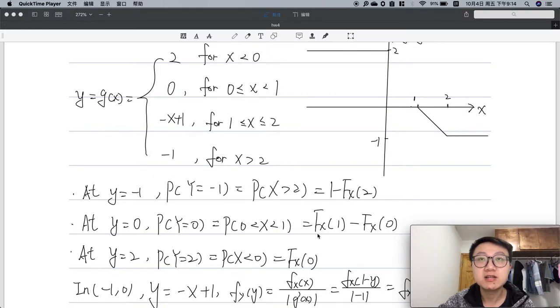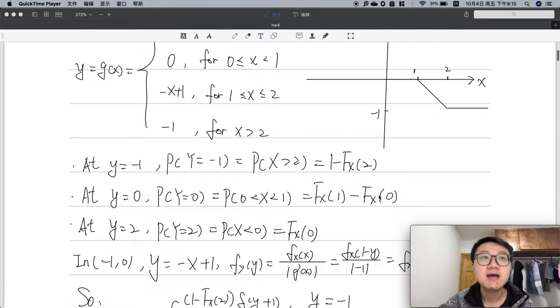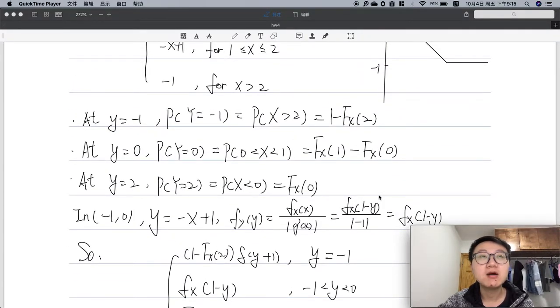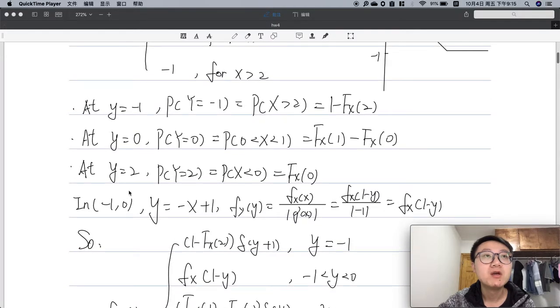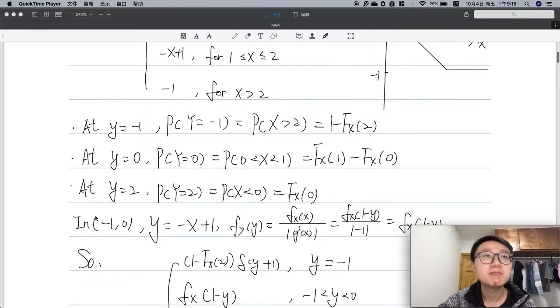It is equal to the distribution function of x at 1 minus the distribution function of x at 0. Just like this. We can also use this method to resolve the problem when y is equal to 2 and when y is between -1 and 0.